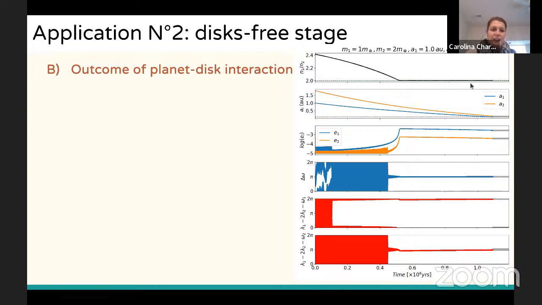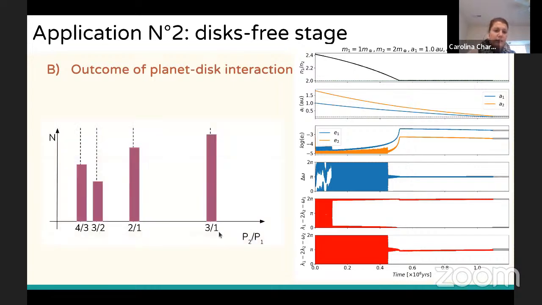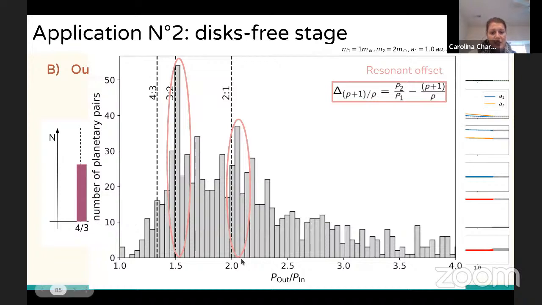So if this is the typical outcome of planet formation, we should expect that if we plot the period ratio of all the planets discovered in multi-planet systems, we should see peaks in the exact commensurabilities. So this is what we should see if the planet-disk interaction was leading the evolution of a system. Instead, what we see is this.